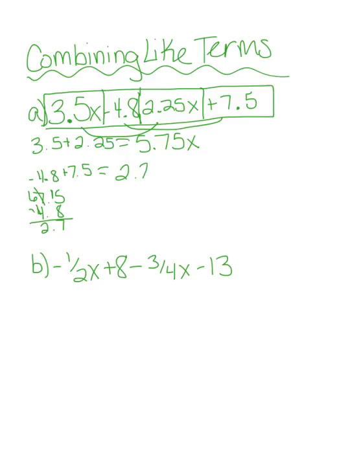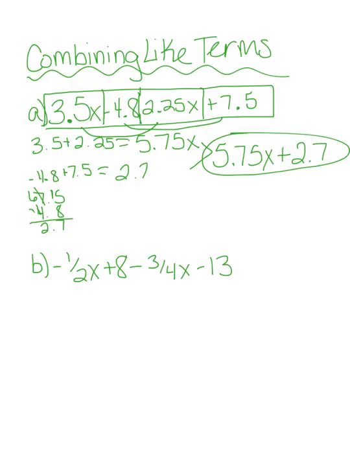So my new expression here is 5.75x plus 2.7. That is your simplified expression for A.